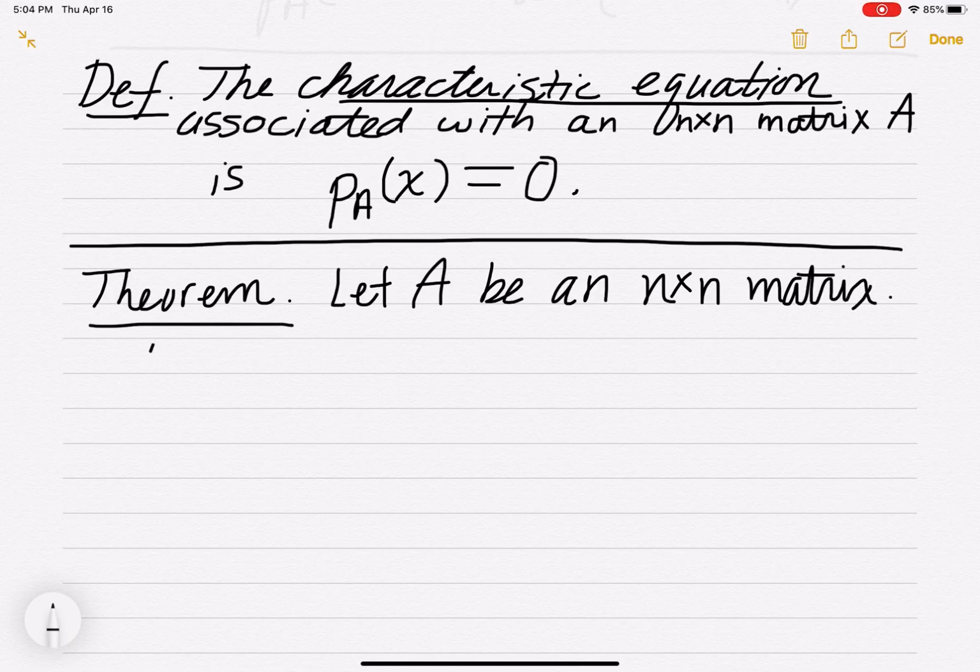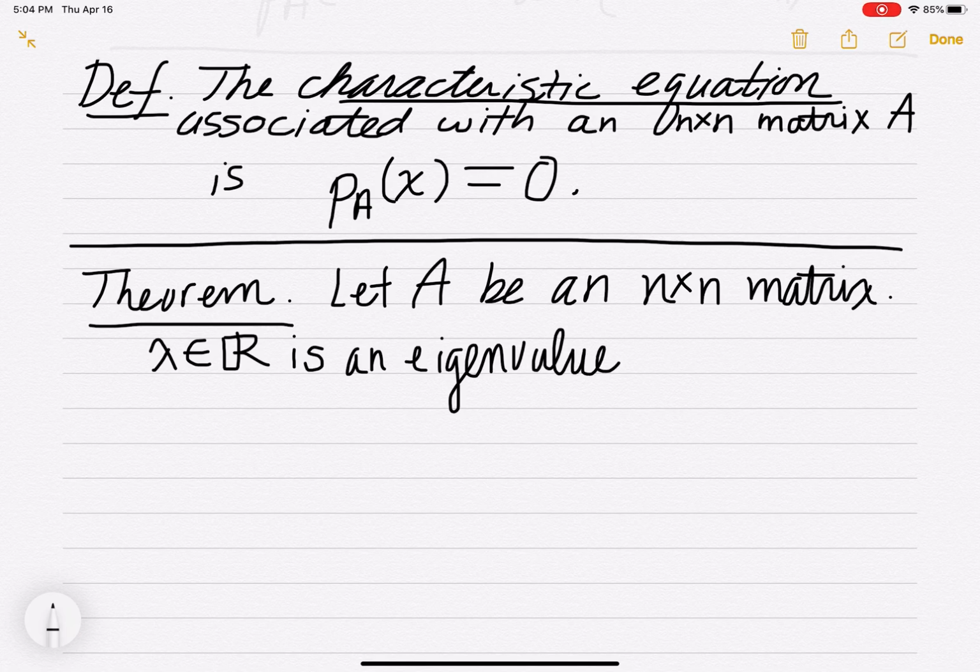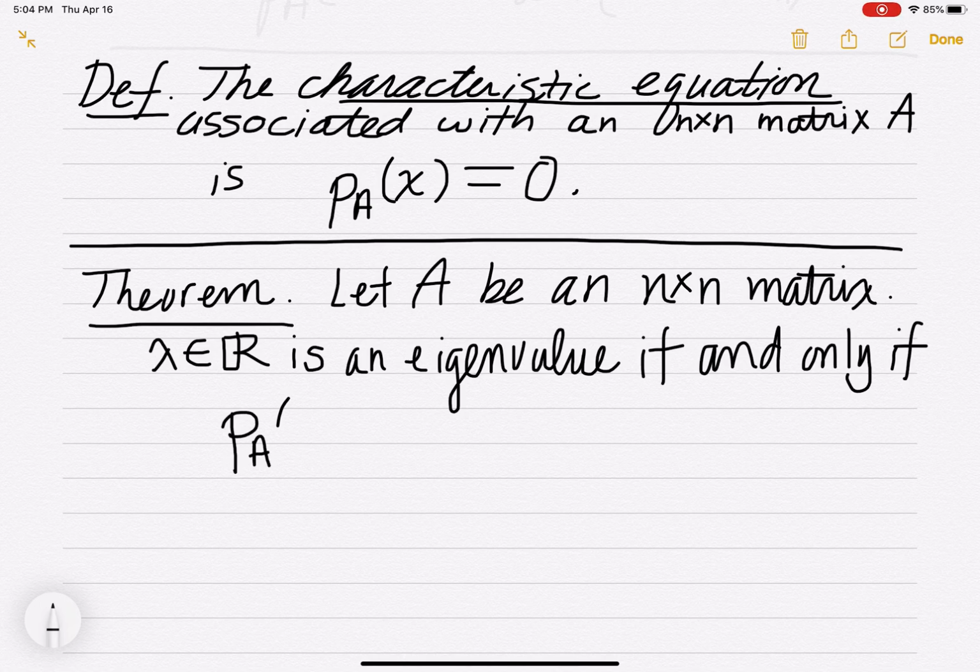A scalar lambda, a real number, is an eigenvalue of A if and only if P sub A of lambda equals 0.